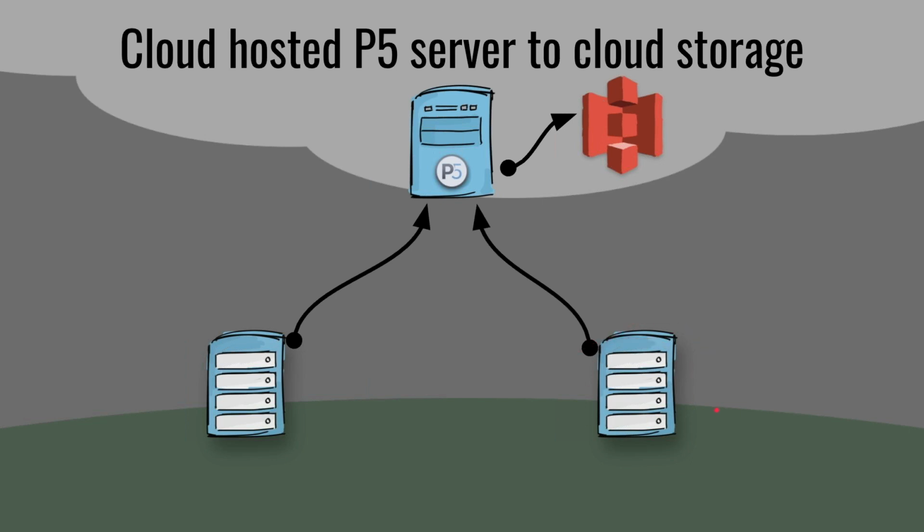You just need to install P5 so it's running as a background process, but then you can point those to the P5 server in the cloud and have a central archive index or indexes that you can access from anywhere. So wherever I am, I could put in a DNS name, get to P5's web interface, browse an index, and then recover data back to my host wherever I am, providing that host is set up as a P5 client.